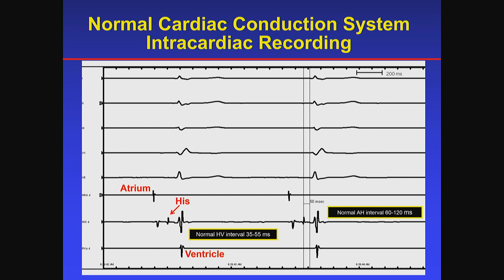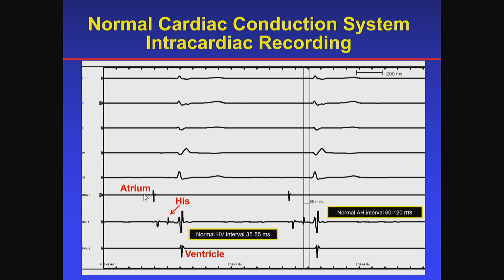This slide shows an intracardiac recording of the normal conduction system taken from a diagnostic electrophysiology study. The first five tracings show the surface cardiac electrogram, and you can see the QRS morphology here.